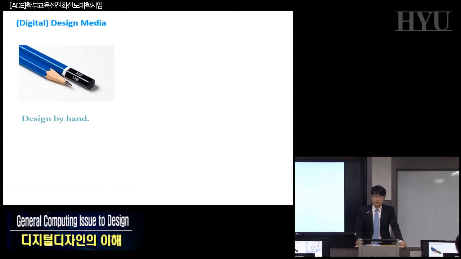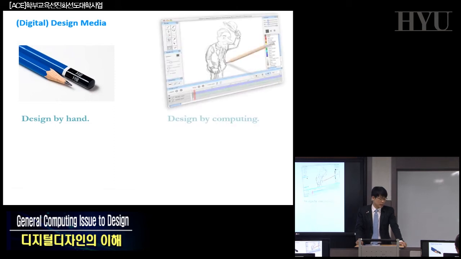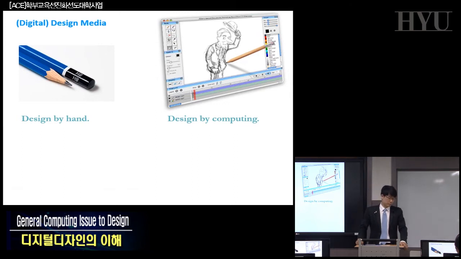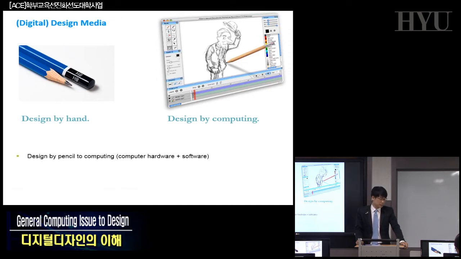We have been designing for a very, very long time, several thousands of years, using pencil or something like pencils, designing by hand, but now we're going to use computing. In your drafting course, now you are working with a bunch of paper drawing homework and so on, probably because you are freshmen. But anyway, in the future, probably the near future, you're going to use a bunch of computer software using your computer hardware for producing your design output files.